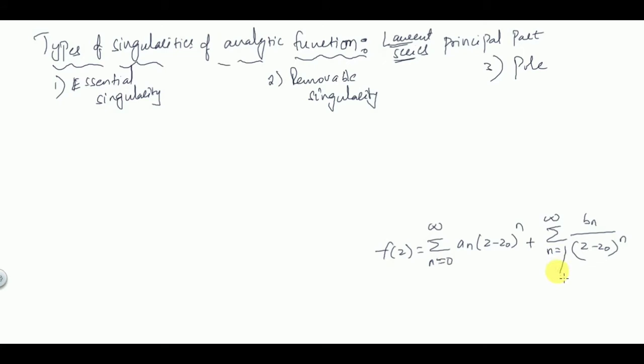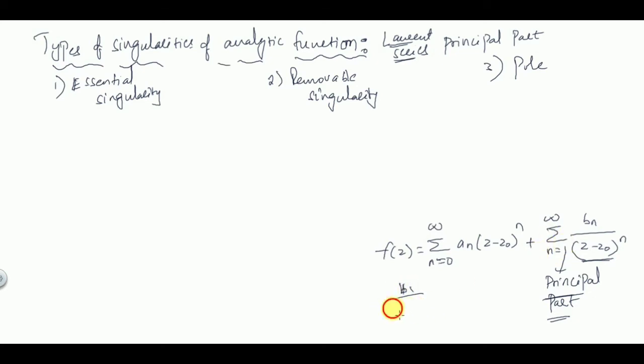This part is called the principal part, that is negative powers of z minus z naught. We will discuss this very clearly when we discuss the concept of Laurent series. Until then just keep in mind the types of singularities. I'll explain clearly. This part is called principal part, containing negative powers of z minus z naught, that is b1.